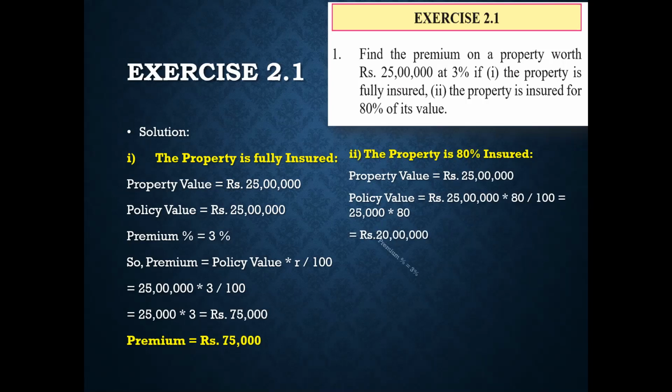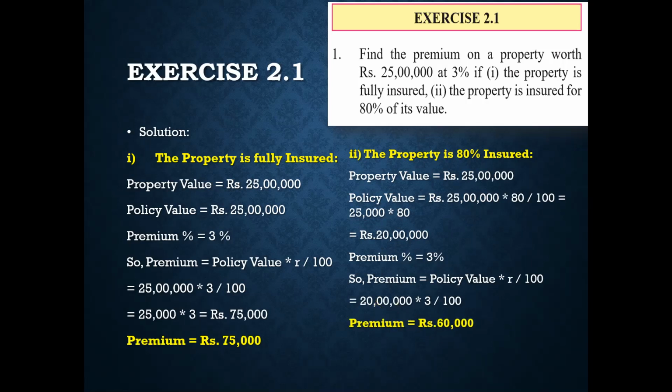Now the premium rate is the same, 3%. So again, by putting the formula, premium is equal to policy value into R upon 100. You get 20 lakhs into 3 by 100. On cancelling the zeros, you get premium to be 60,000. So I hope the first sum is clear, class.